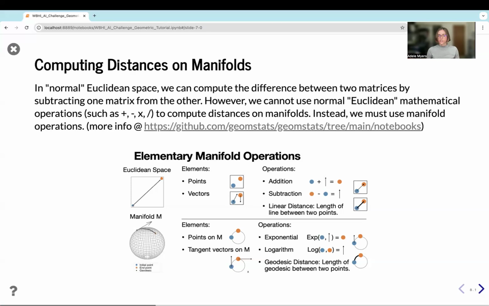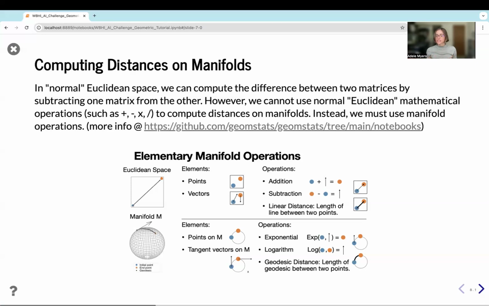Then for operations, instead of addition and subtraction, we have the exponential map and the logarithm map. The exponential, similarly to addition, takes a point and a tangent vector at that point and gives you another point on the manifold. The logarithm takes 2 points on the manifold and gives you a tangent vector at one of those points.